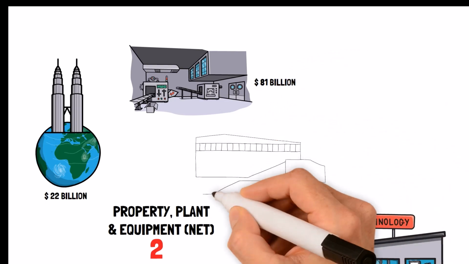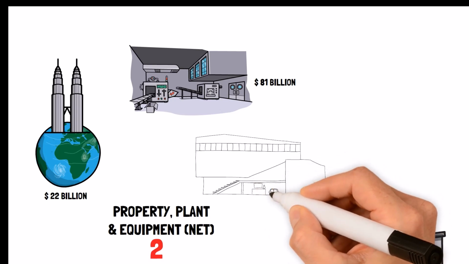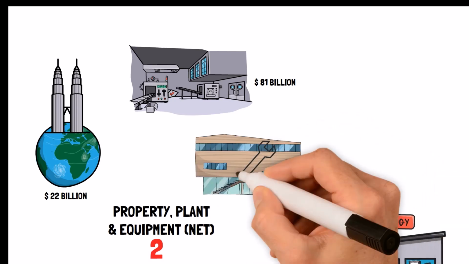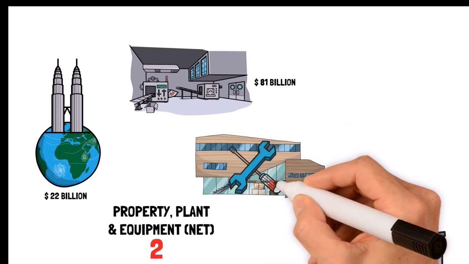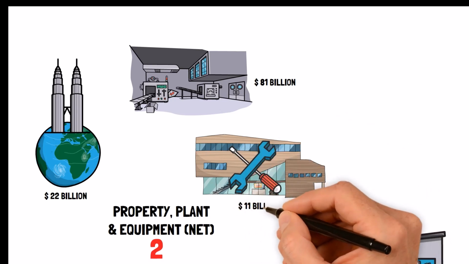The third and last asset class are the leasehold improvements, for example, customizations and improvements of buildings and properties, contributing with a value of $11 billion.